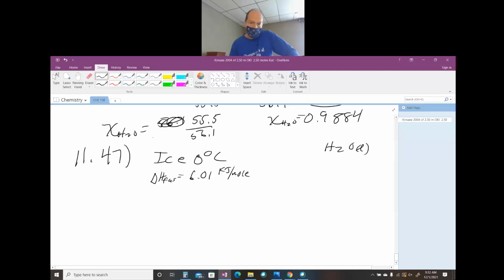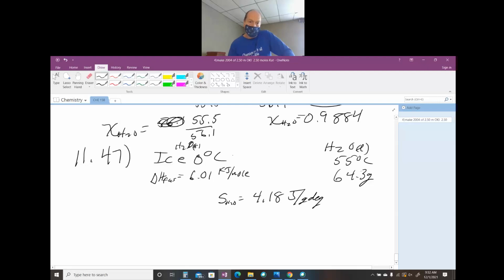This is H2O solid. We got water liquid at 55 degrees Celsius, and we have 64.3 grams of it. And the specific heat of water is given as 4.18 joules per gram degree.